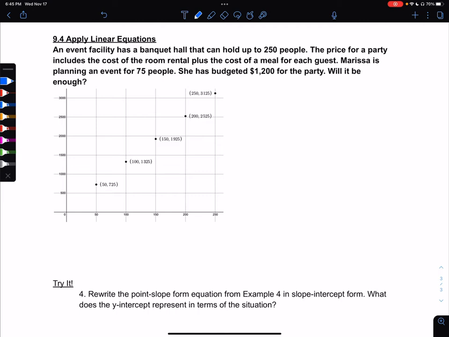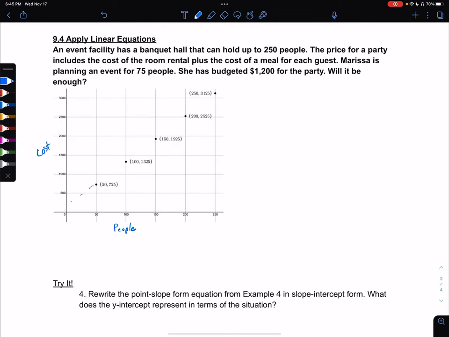Will it be enough? Okay, so on our graph here, the x-axis represents the number of people, and the y-axis is the cost or the budget. What we're going to find here is that the more people we have, the more it costs.